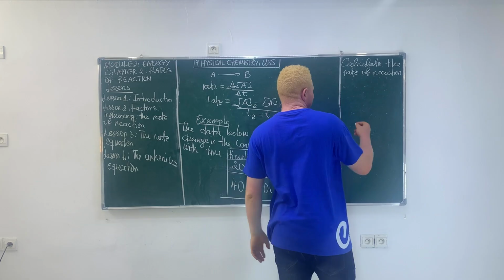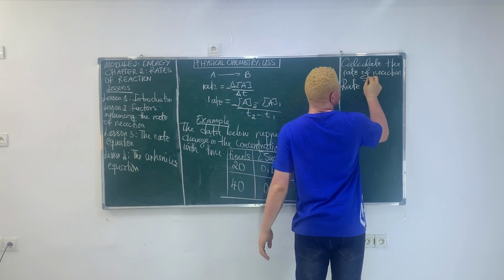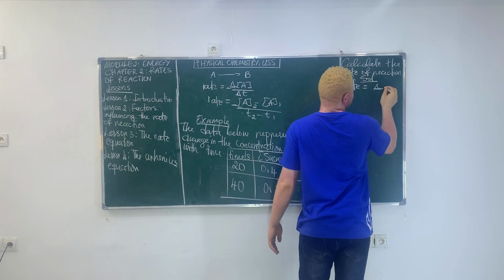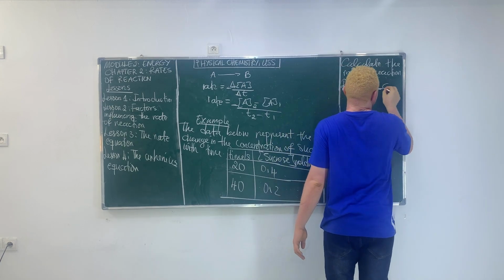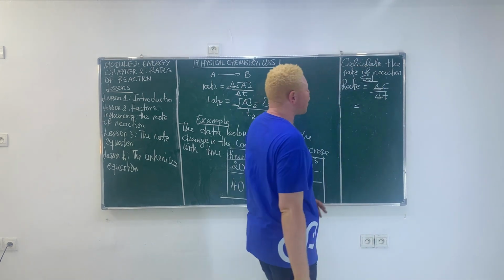The rate is equal to minus delta C over delta T. So we're taking the final minus the initial.